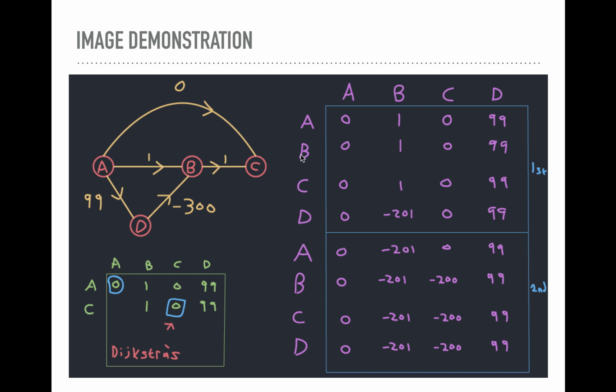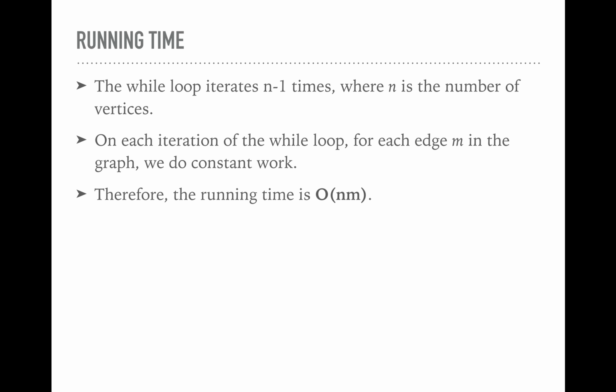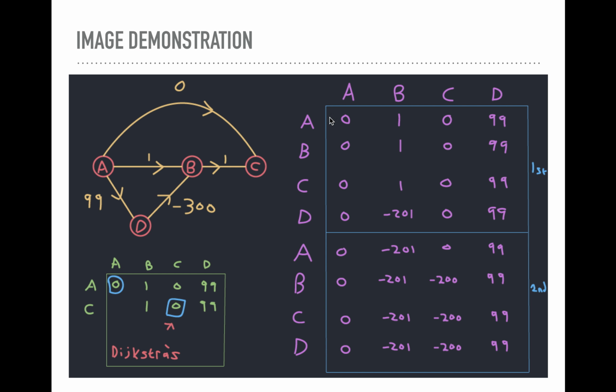Instead, with Bellman-Ford, we're just going to look at B. We're just going in alphabetical order because we're looking at everything anyways. We're not closing off A here, even though we know intuitively that the distance from the start vertex to itself is going to be smaller than any other way we could get to the start vertex. We know this is the smallest path. We're still going to keep going.